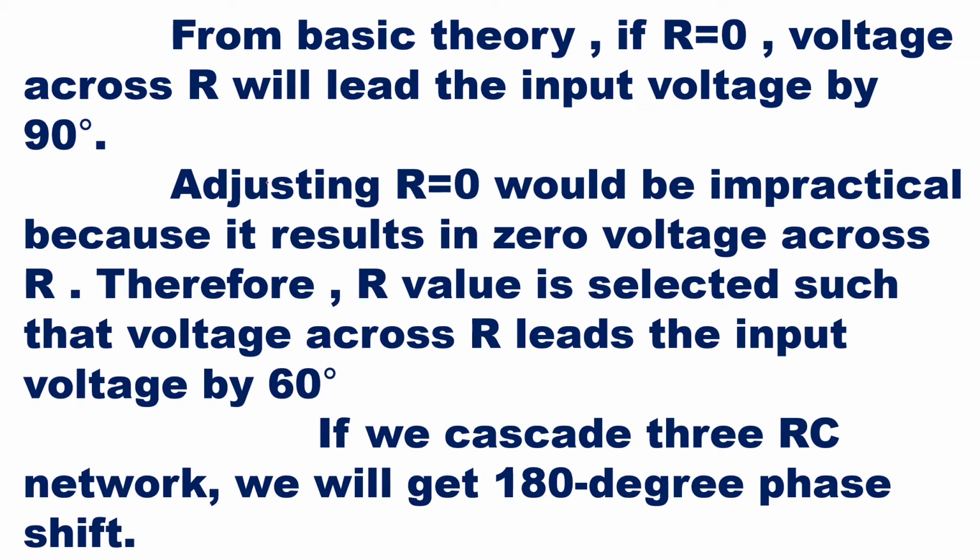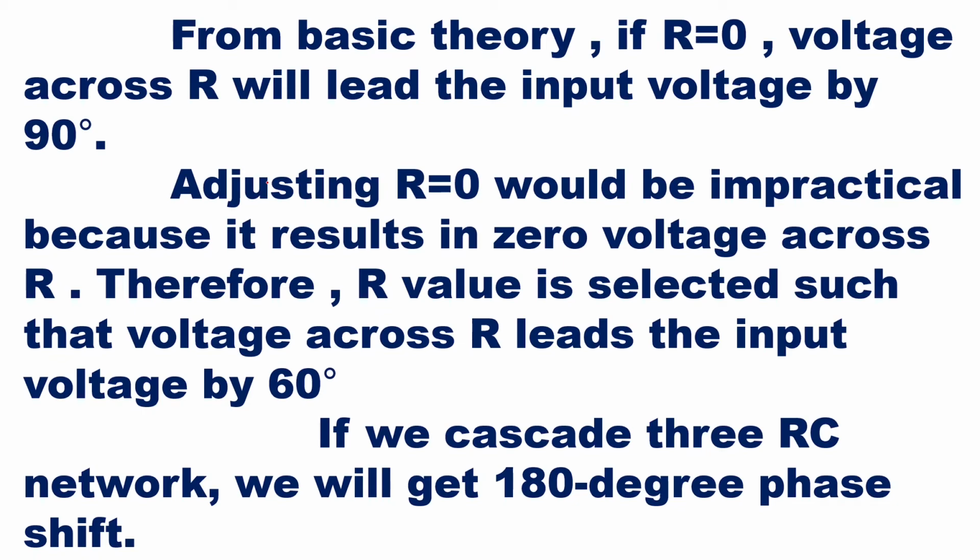Therefore, the resistance value is selected such that the voltage across the resistance leads the input by 60-degree. So that RC network gives a phase shift of 60-degree. If one RC gives a phase shift of 60-degree, we will have another RC, and another RC. So three RC networks connected in series is called a cascaded 3 RC network.